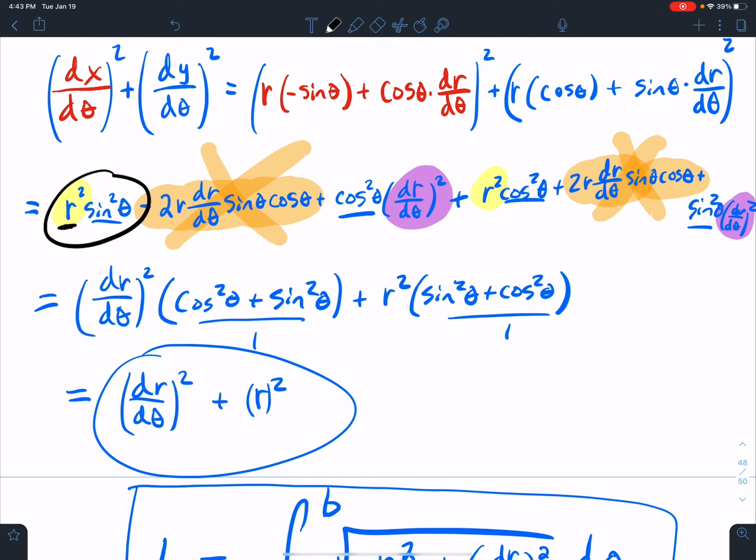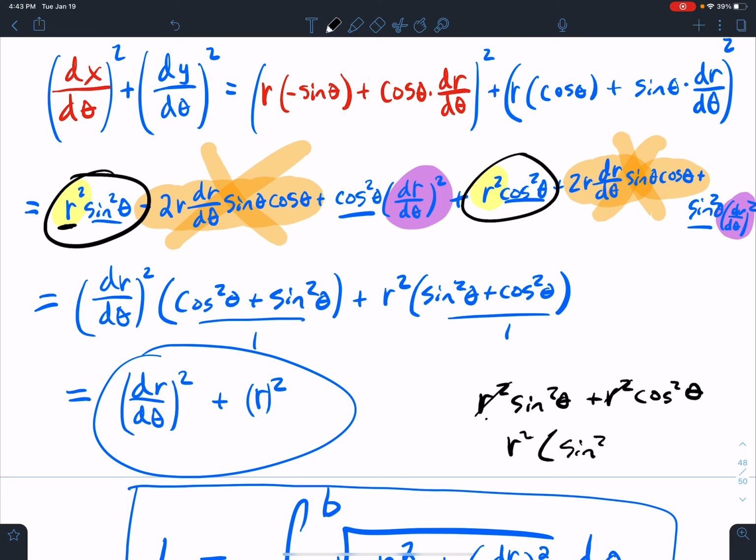See, if you had this here, the r squared sine squared theta, and then the plus r squared cosine squared theta. Instead of writing that, I just skipped that. I factored the r squared out. But if I factored the r squared out, then that leaves that sine squared theta plus cosine squared theta here.